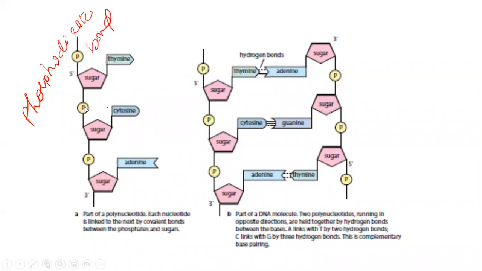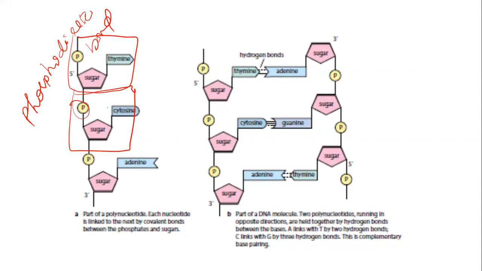So a phosphodiester bond is going to form between the phosphate group of one mononucleotide and the sugar of another mononucleotide. So the sugar of one mononucleotide and the phosphate group of the next mononucleotide, between them you will end up getting a phosphodiester bond, that is a covalent bond.